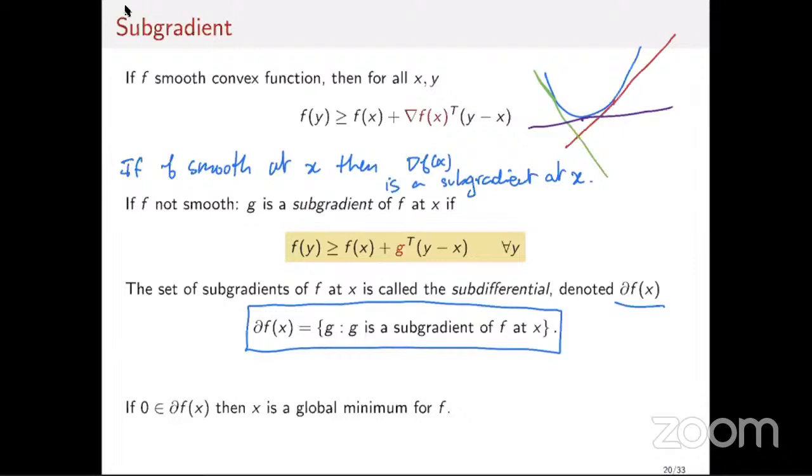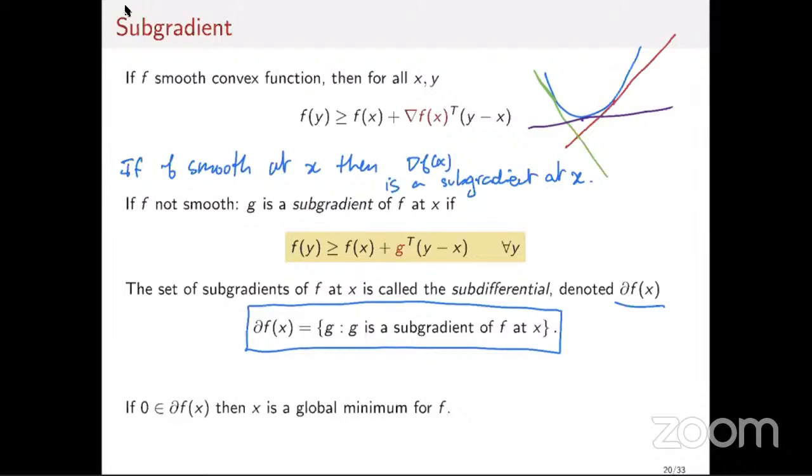Because I do not know a priori what it is. I just defined that g is a subgradient of f at x if this is satisfied. And we will see that in general, for non-smooth functions, there may be many vectors g that satisfy this condition that you see here.